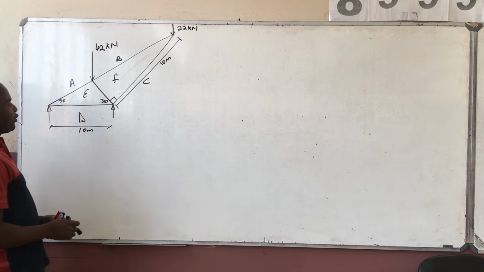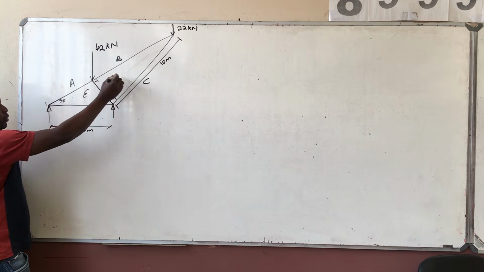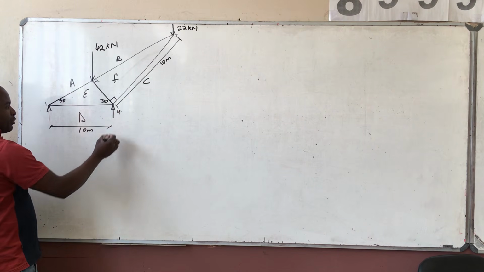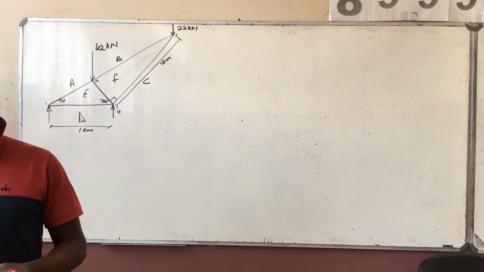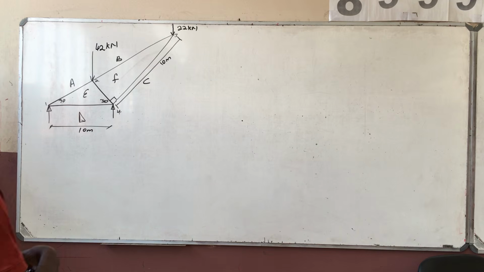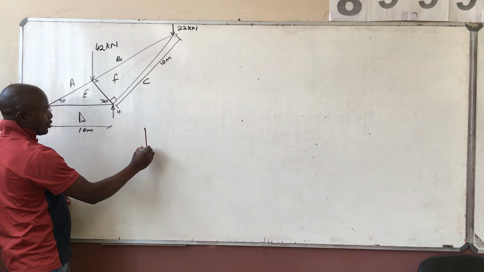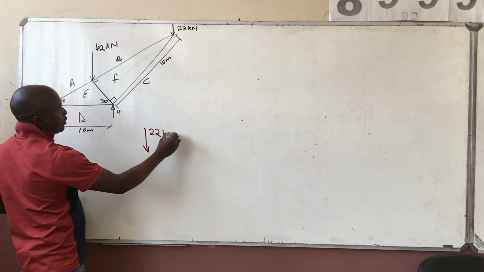How many points do we have here? 4. So I will name them 1, 2, 3, and 4. What will be our starting point? Point 3 will be our starting point. At point 3, we have a force going down as 22 kilonewton.